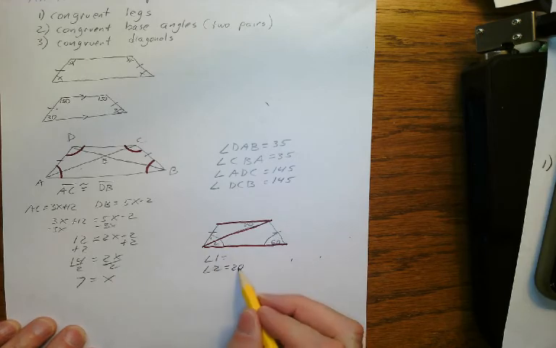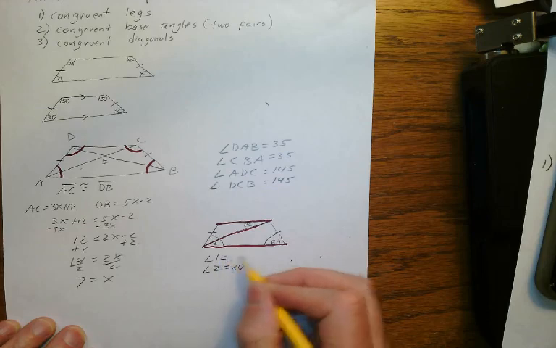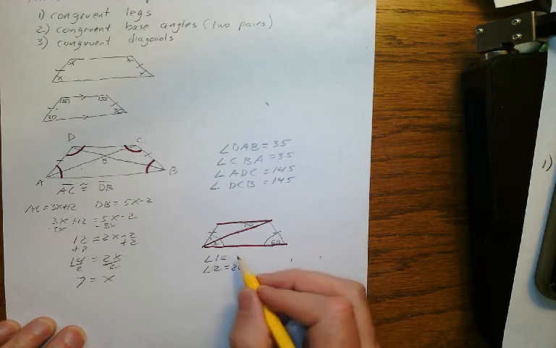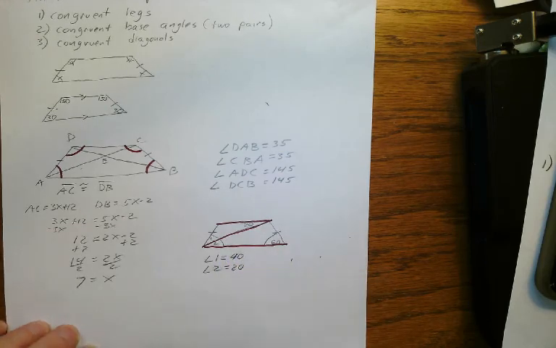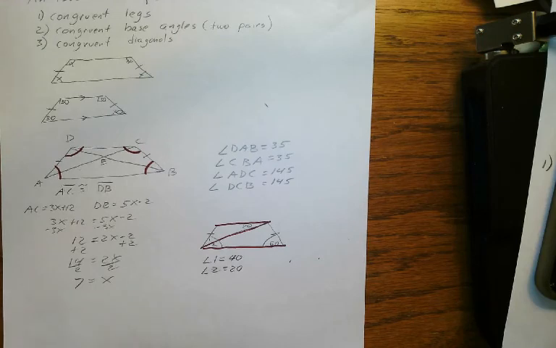And if 2 is 20, angle 1 has to be 40 because together they have to add up to 60. Okay? An isosceles trapezoid, what makes it different? Congruent legs, congruent base angles, congruent diagonals.